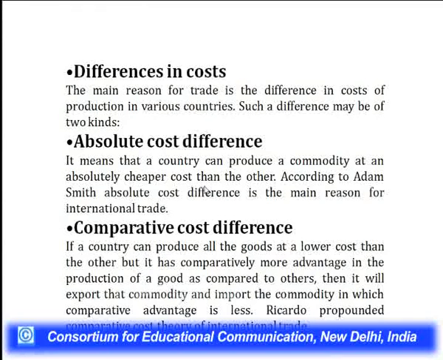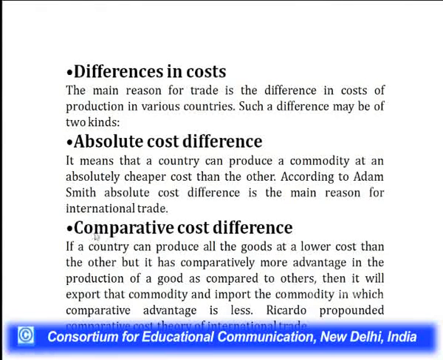So, the country would export and produce the commodity where it has absolute advantage and import the commodity in which it has absolute disadvantage. According to Adam Smith, absolute cost difference is the main reason for international trade.